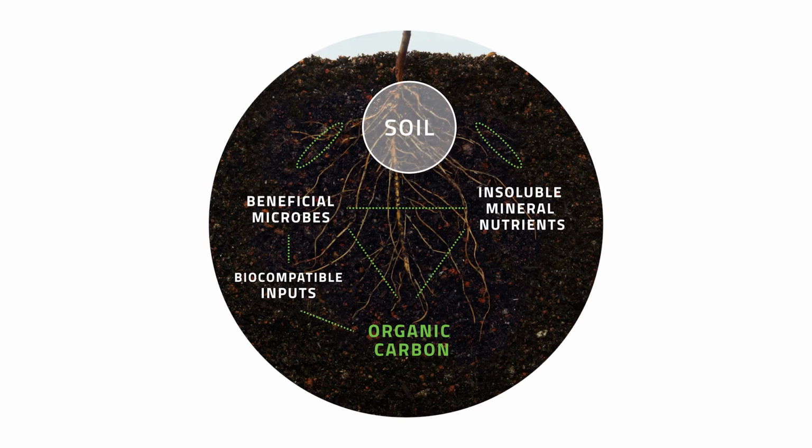We can use those microbes to grow around a seed that's developing and create a healthy rhizosphere, and within that rhizosphere, the microorganisms will buffer out the constraints that are on the outside.